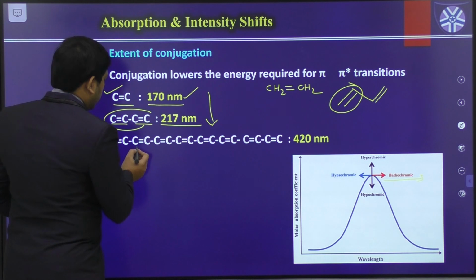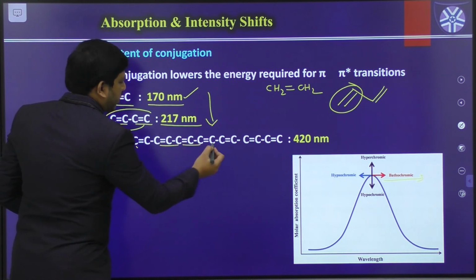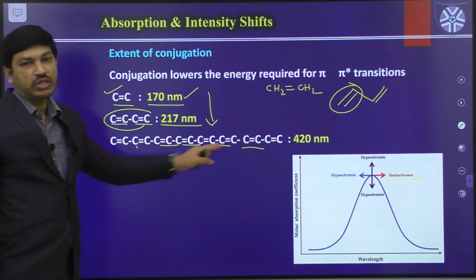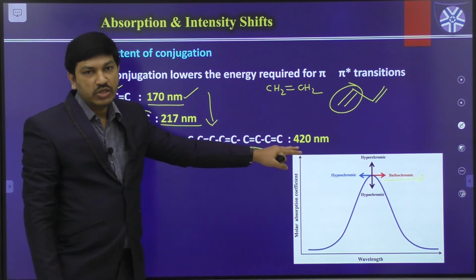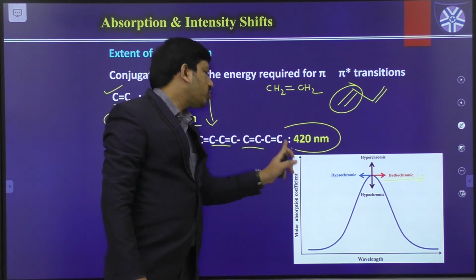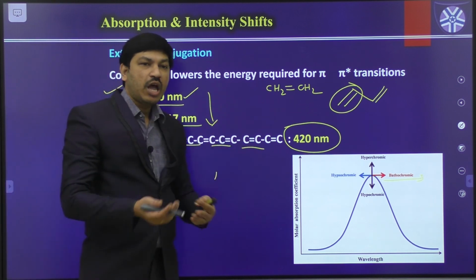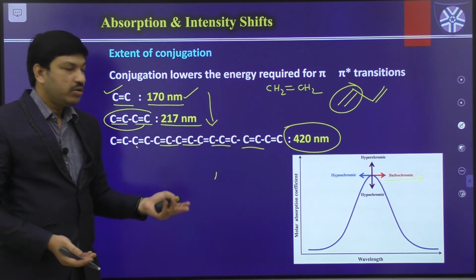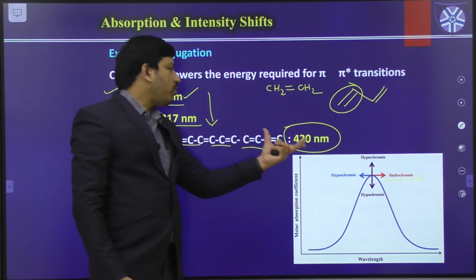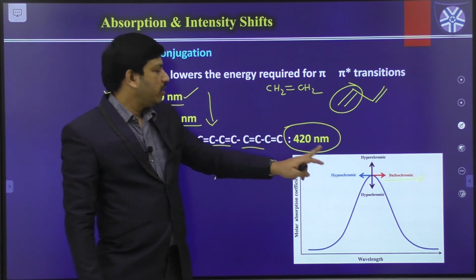If you increase the number of double bonds further in this manner, it is a highly conjugated system. If it is a highly conjugated system, then we will get the absorption peak in the visible region. That is the reason whenever you have a long chain conjugation in a given molecule, that molecule always absorbs in the region of visible light.